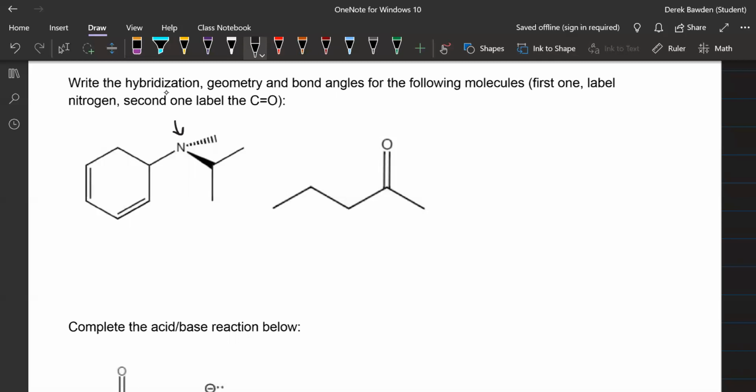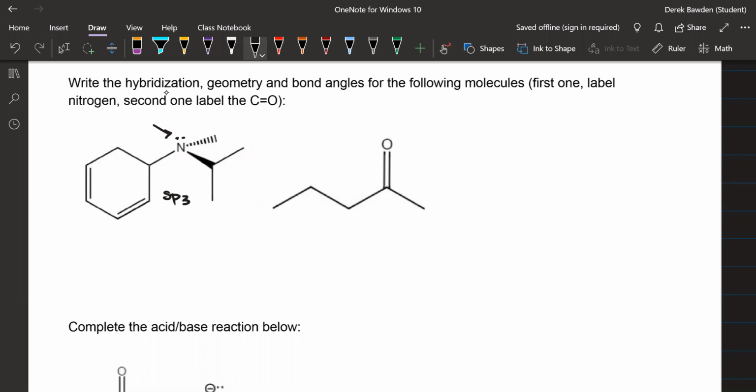Lone pair, perfect. This nitrogen does have a lone pair. So what is the hybridization for this? sp3, perfect. It's got 4 regions of electron density around it, so that makes it sp3.